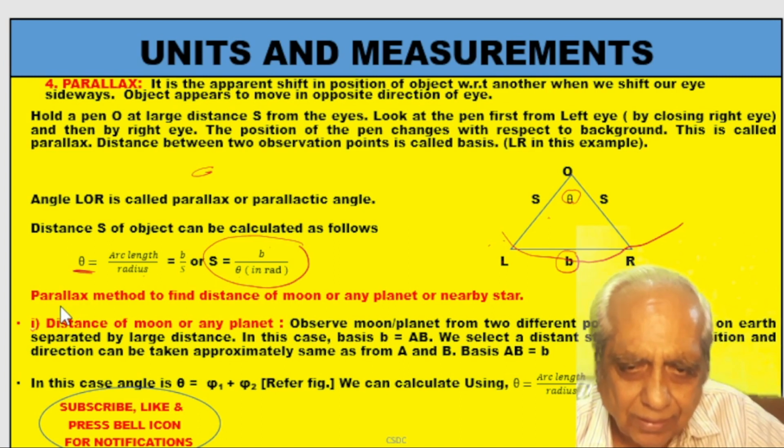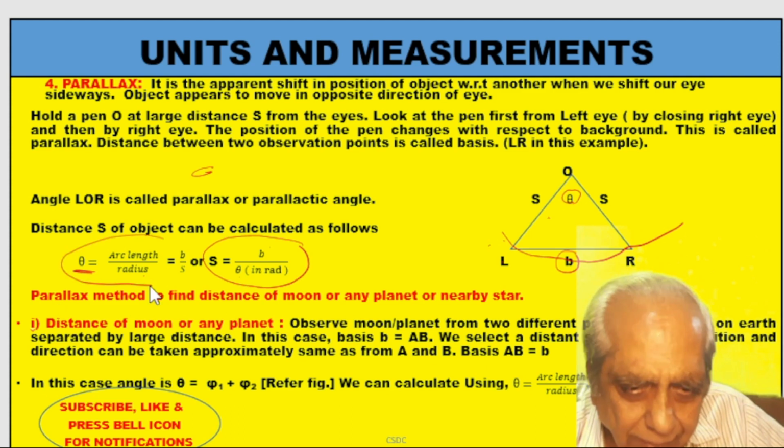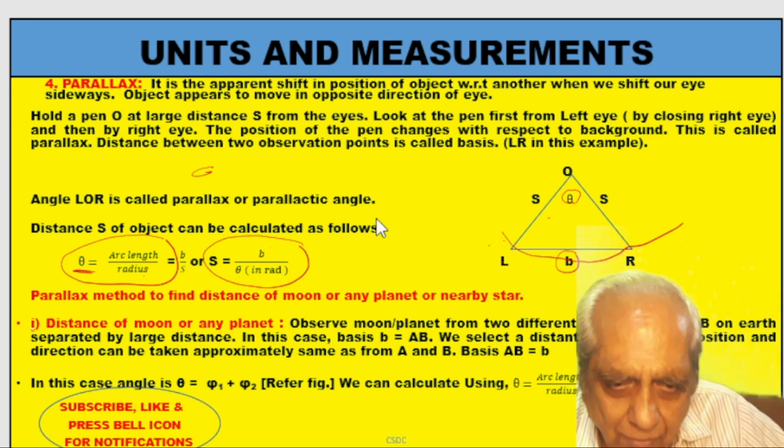So in a nutshell, what you have to learn is that theta is arc length upon radius. When we are observing, this is the angle theta, the parallax angle, and what is its value? Arc length is this basis B, and S is the distance of the point O from L. So theta equals arc length upon radius, or basis upon S.